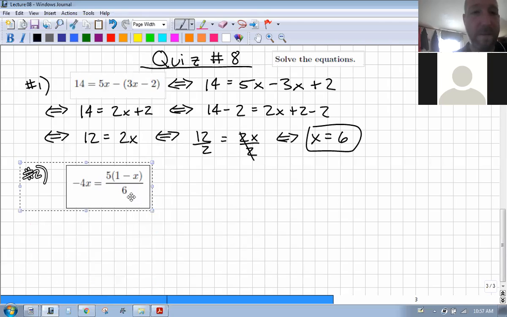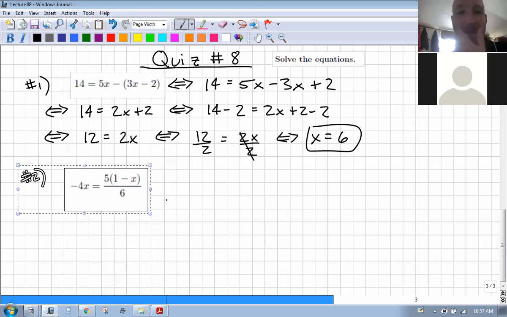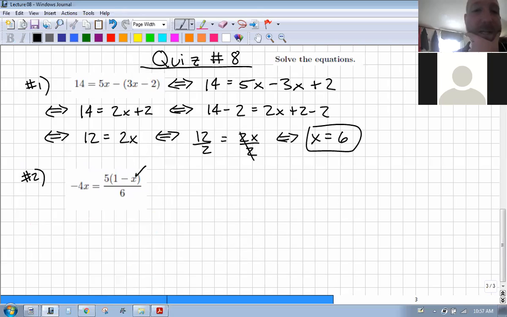All right, let's look at number 2 here. So here's our x, and we have another x over here. First thing I'd do is get rid of the fractions. I'd multiply both sides by 6.